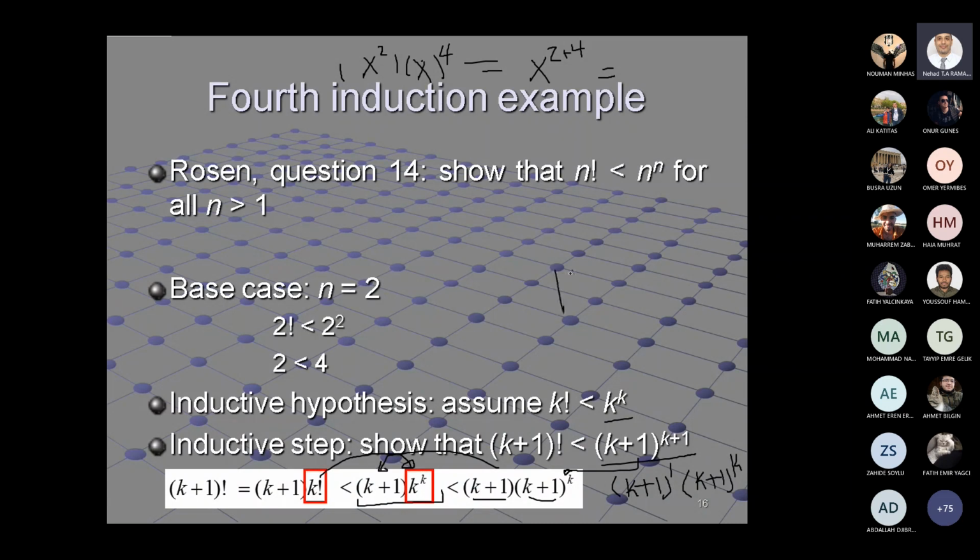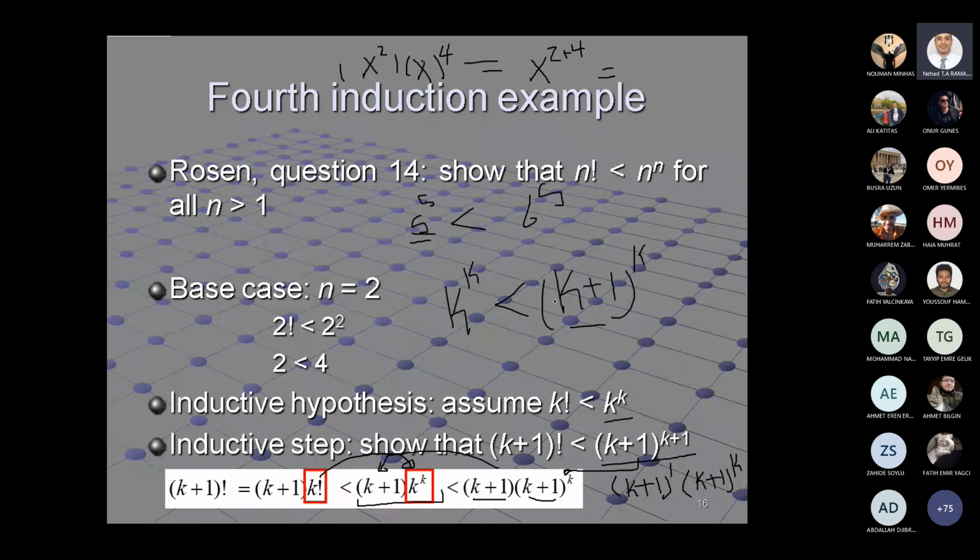Of course, k plus 1 to power k is more than k to power k, because 5 to power 5 is less than 6 to power 5, if k equals 5, and so on.